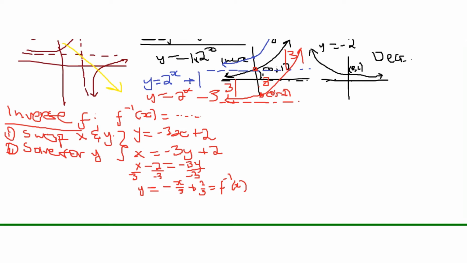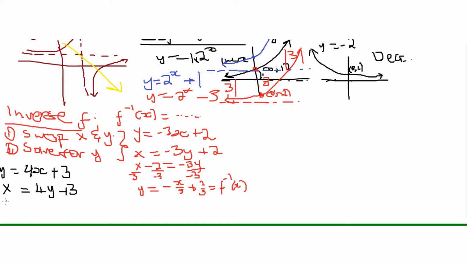Let's try another, the last one. The last one can be y equals 4x plus 3. Then it's the same. Where you see x, you put y, and where you see y, you put x plus 3.